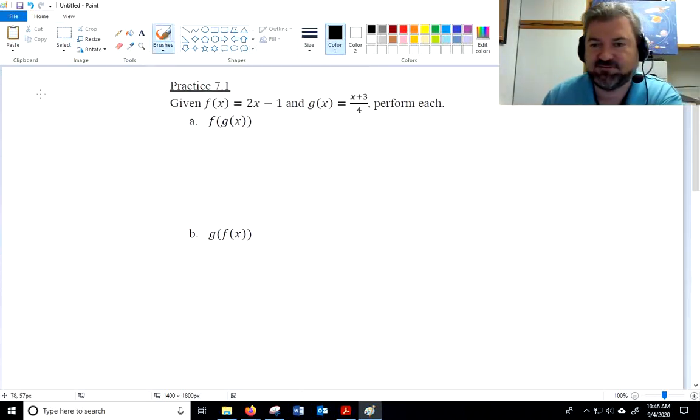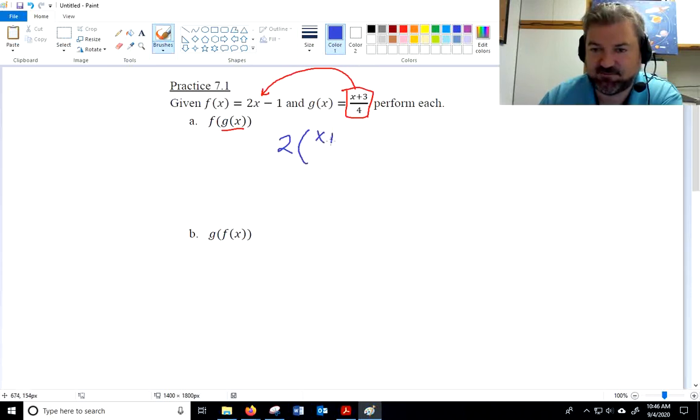Okay, hopefully that wasn't too bad for you. Let's take a look at it. So f of g of x, since g is on the inside of f, we are going to take what g is, and we're going to put it right there. So I have 2 times (x plus 3 over 4), and then a minus 1.